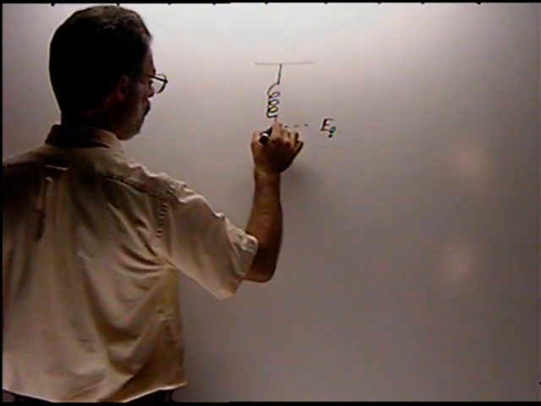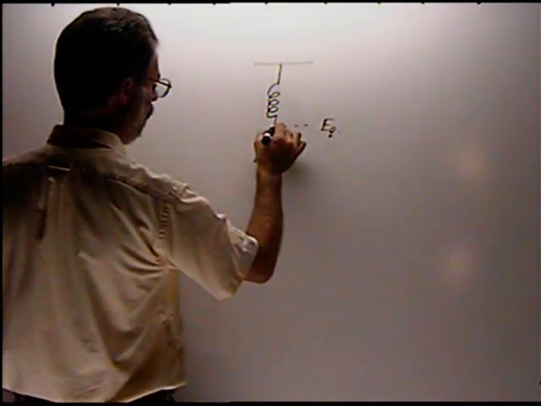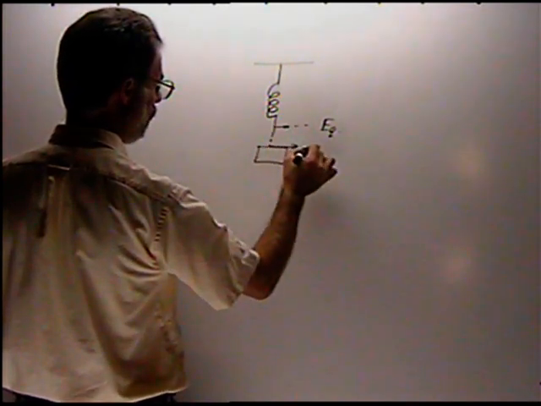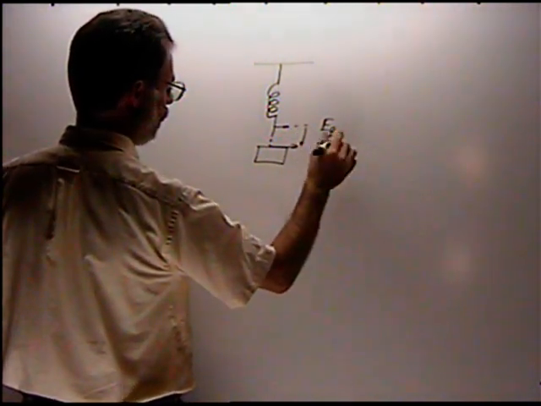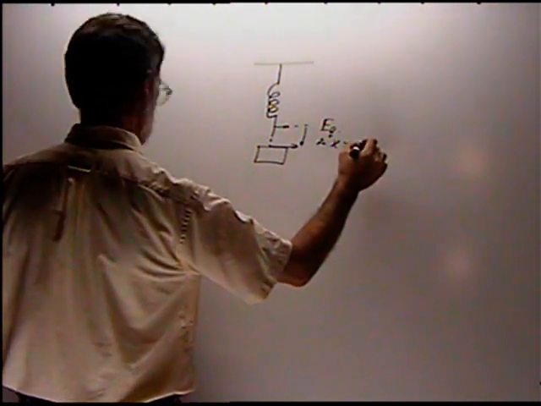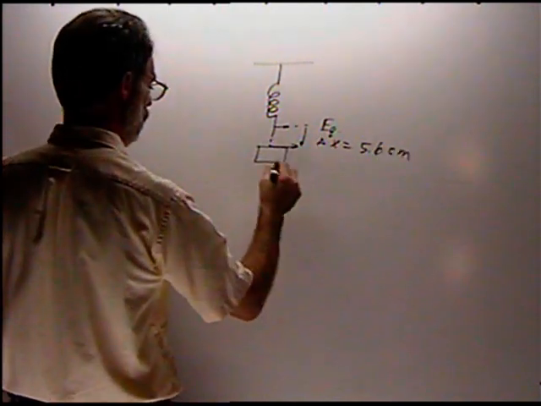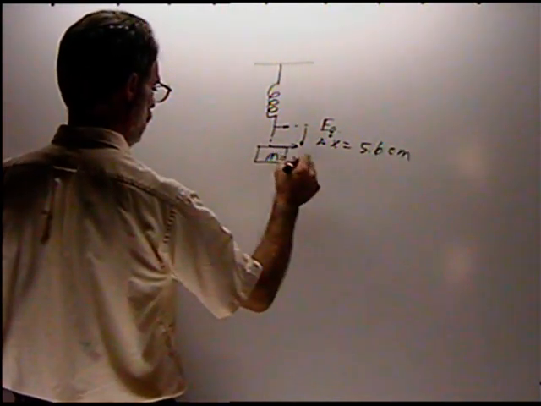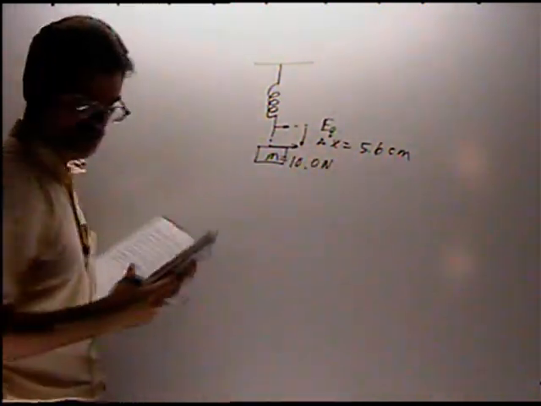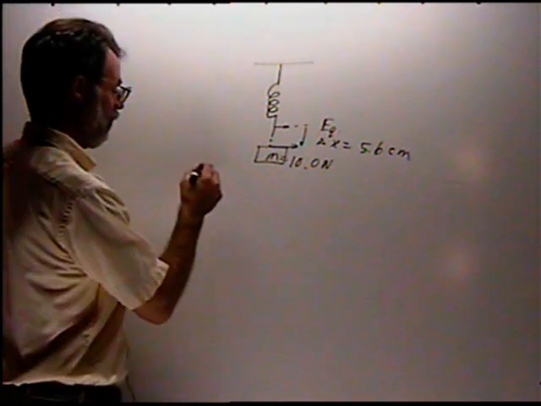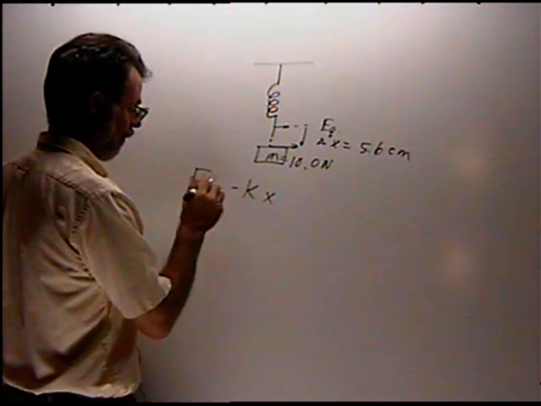You put a mass on here, and this position slides down to here, and this displacement is 5.6 centimeters, and you have a 10 Newton mass here. So the spring constant, we know Hooke's law is F equals minus kx.